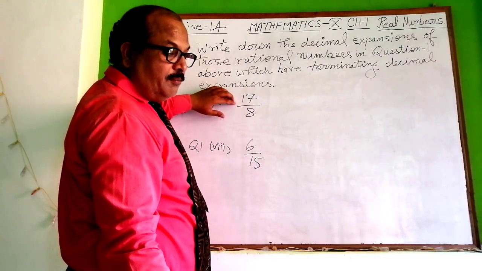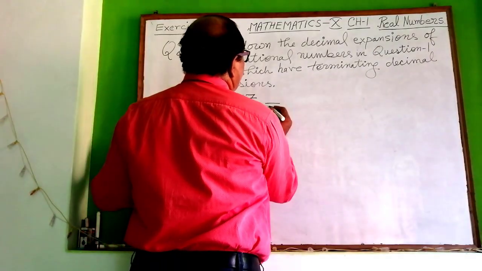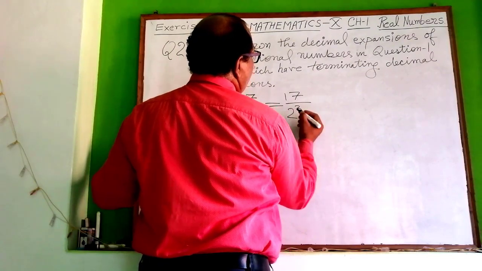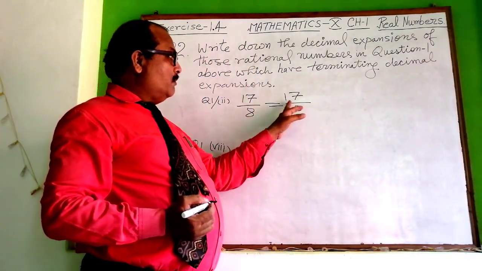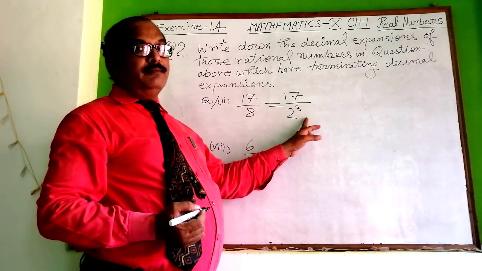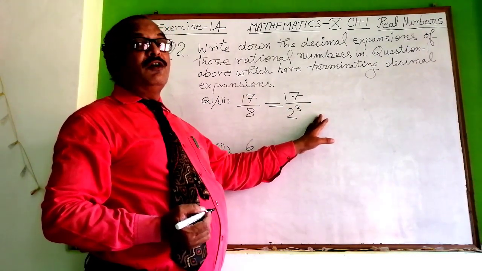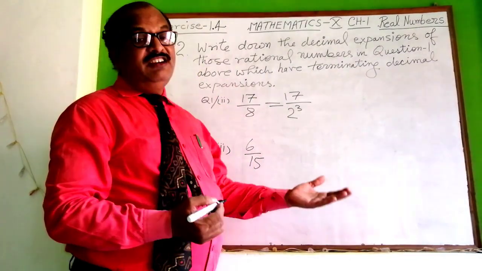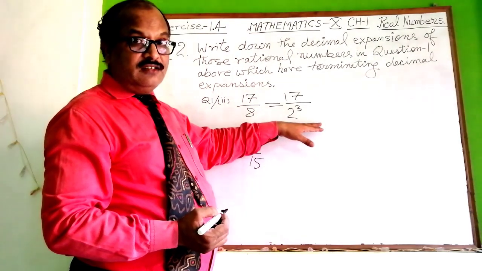You will see all the parts of this one, those are terminating. You can rewrite it as 17 upon 2 cube. Now you can see the denominator is in the form of 2 to the power n into 5 to the power m. Since 5 is not here, it means 5 raised to the power 0 is present here.